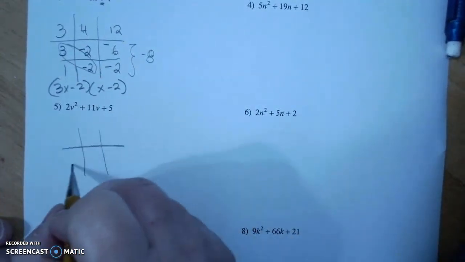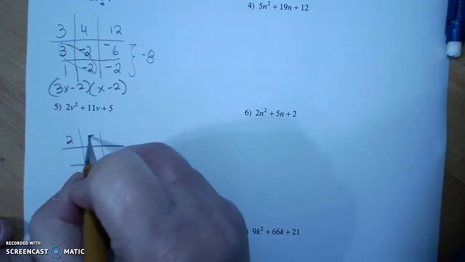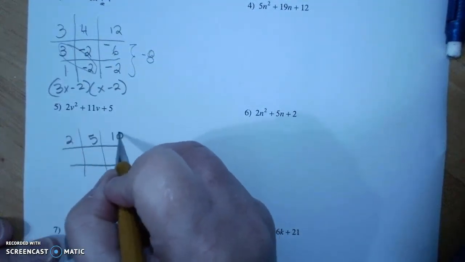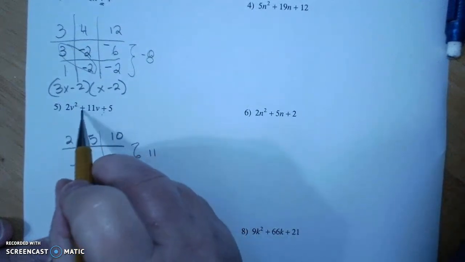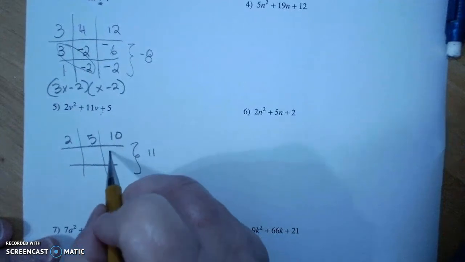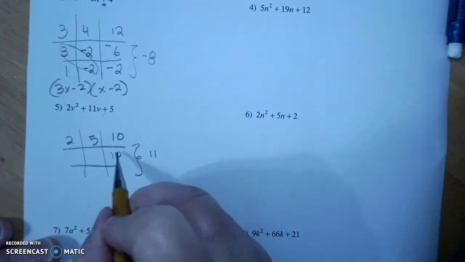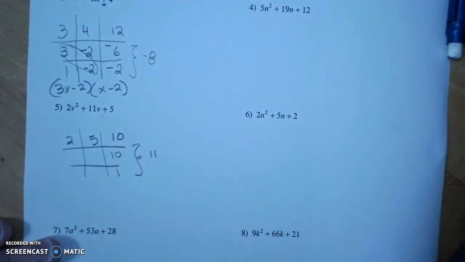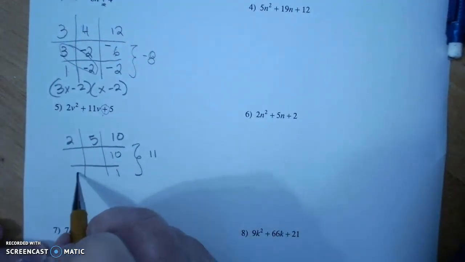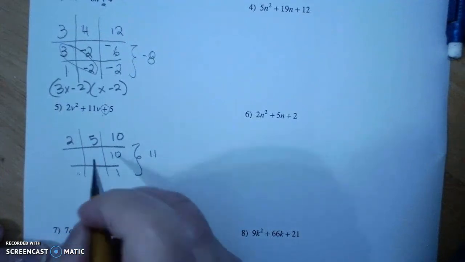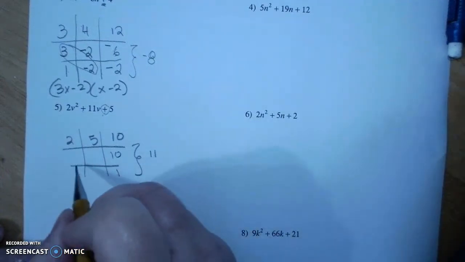Here I have a 2, a 5, and a 10 to get 11. Both of them are the same. Both of them are positive. 10 times 1 adding together is 11. This says add. 2 cannot go here because 2 times nothing is 1, whole integers.